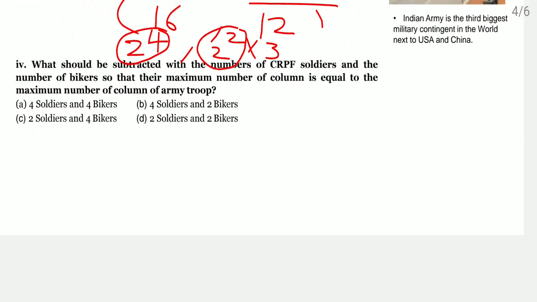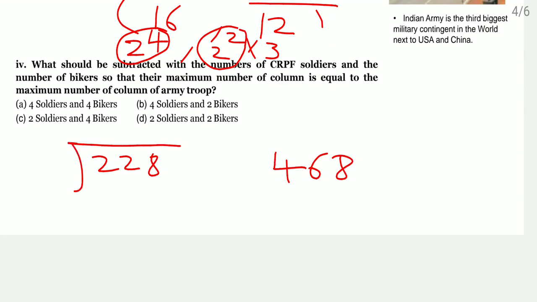Now they are saying for CRPF also the number of columns should be 16, the same as the army troops. So for 228 bikers and 468 soldiers, if I want them to march in 16 columns, I will divide each number by 16.